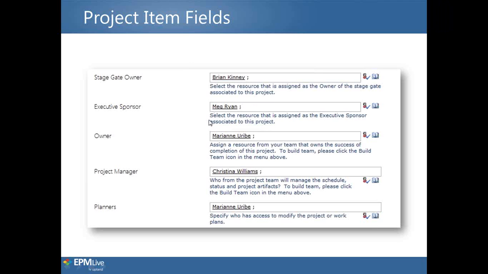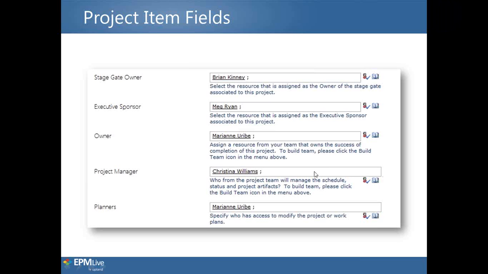The executive sponsor. Perhaps I want to add Meg as my executive sponsor, but I only want to give her read-only rights. I could add her to my team and just give her visitor-only rights. This way she can just see the item. Here, owner, this person is granted this automatically when they create the item. However, I could add someone else's name in here and then add them to my team as well as give them owner permissions.